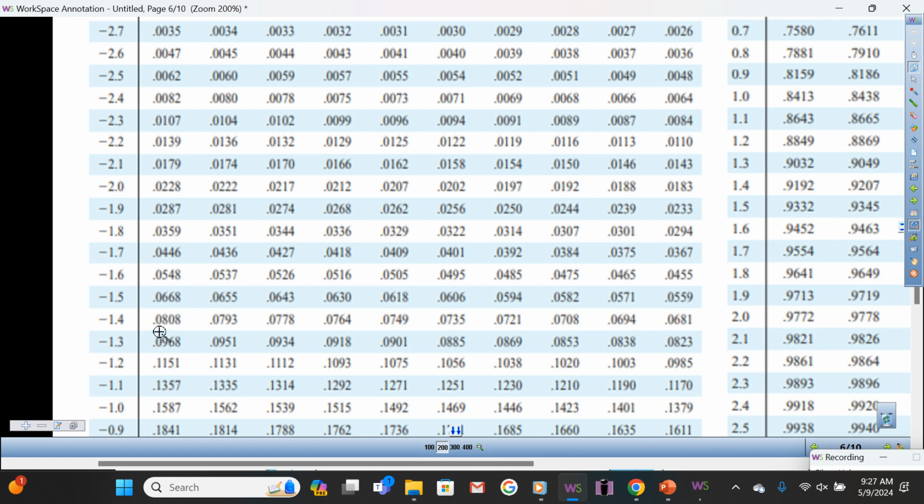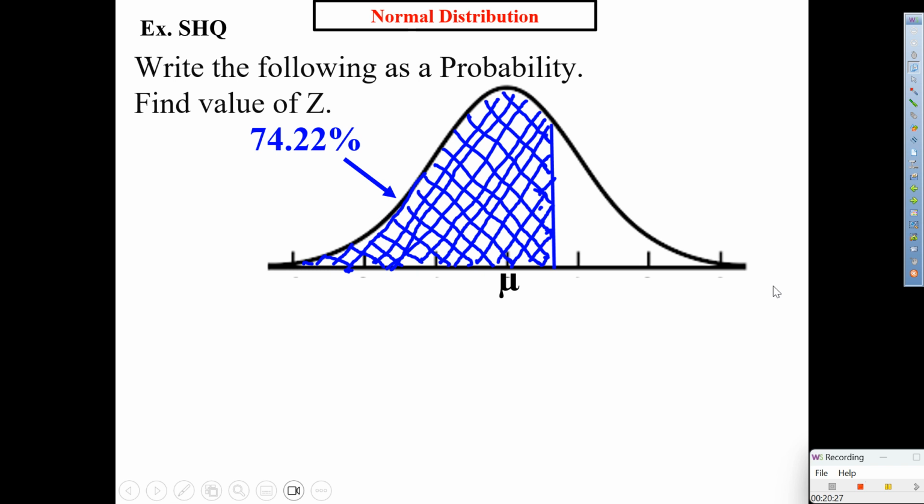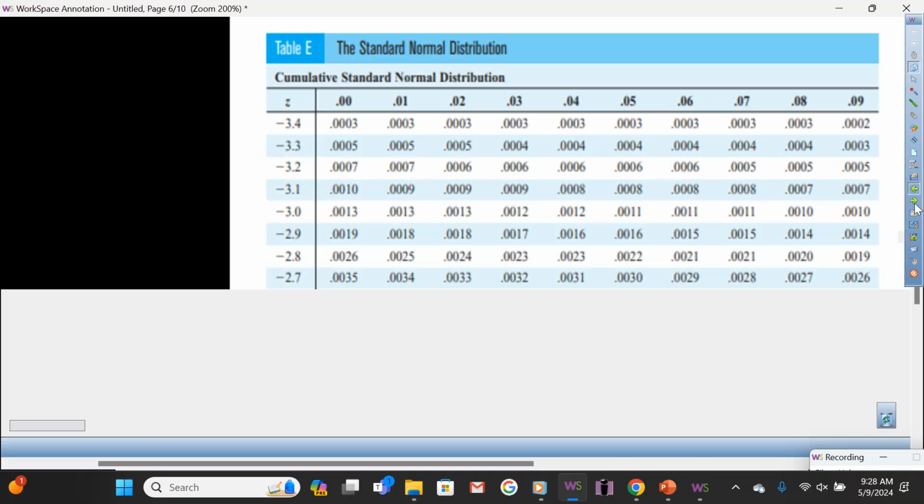So 0.8, and it looks like it's down here. You guys see it? So that is negative 1.3, and then this is the last value, which is 9, so it's negative 1.39. All right? So let me go back to this one.